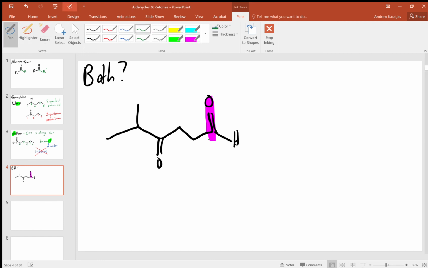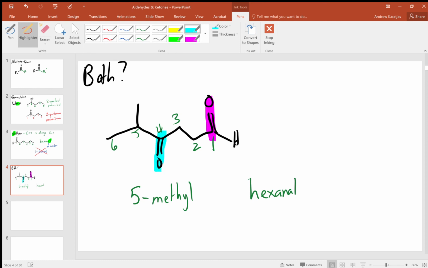And so we would number this based on carbon 1 for the aldehyde. And so you can see we have 5-methylhexanal. But what do we do with the ketone? Well, if we have a group that's higher priority than the ketone, the aldehyde here is an example.